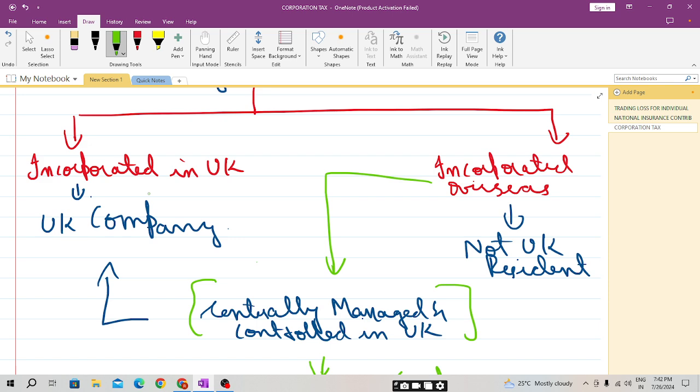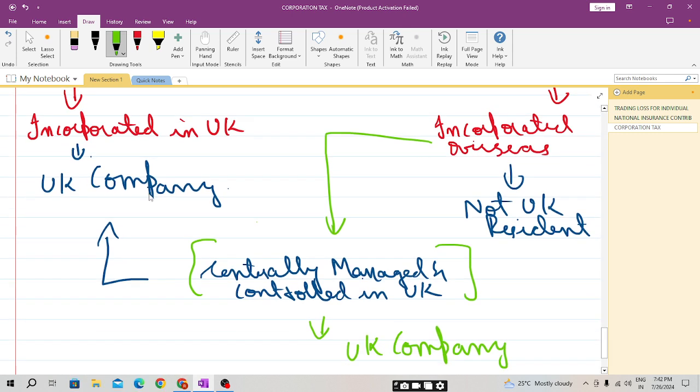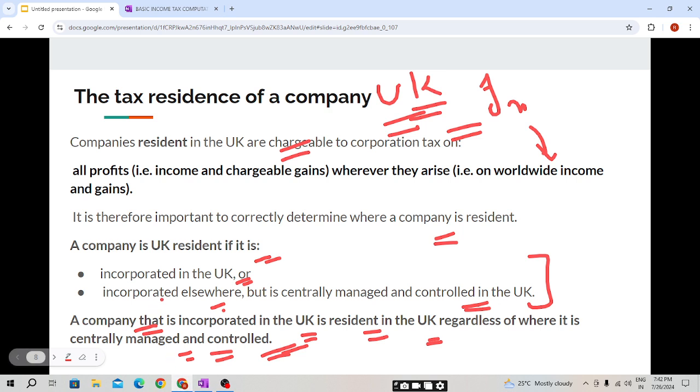If it is centrally managed and controlled in UK and also incorporated in UK, then also it will be a UK company. But if it is incorporated overseas, but it is centrally managed and controlled in UK, then it will be a UK resident. Incorporated elsewhere, but centrally managed and controlled in UK. I hope this point is clear.